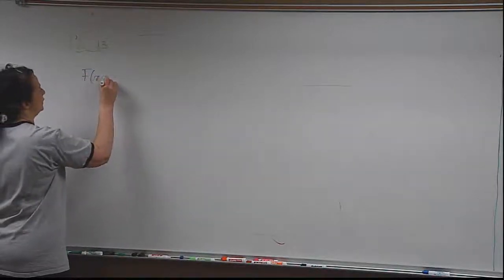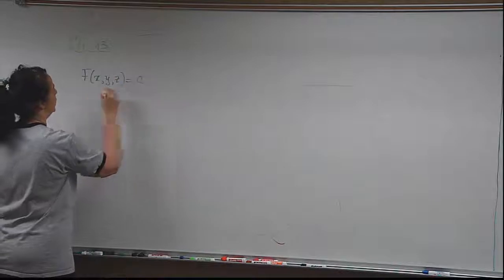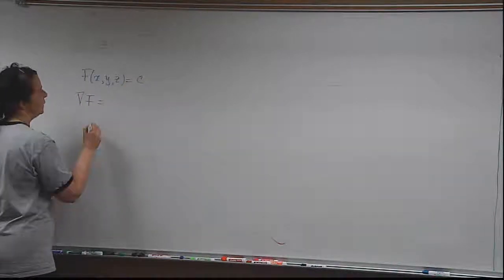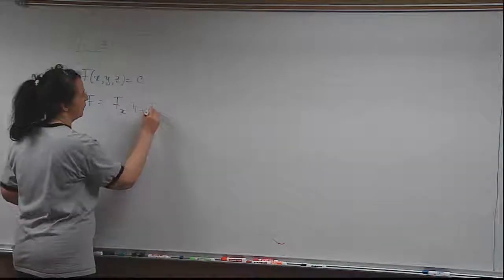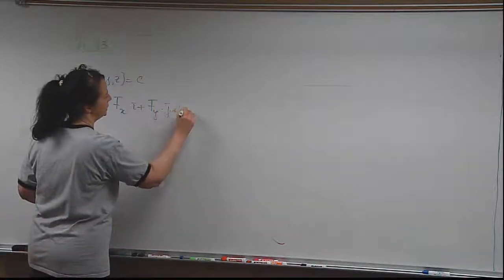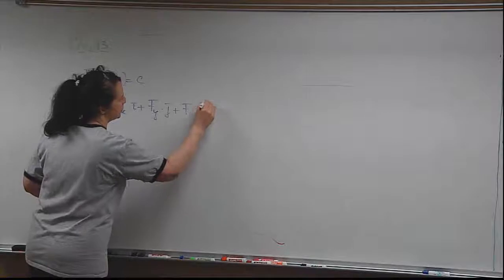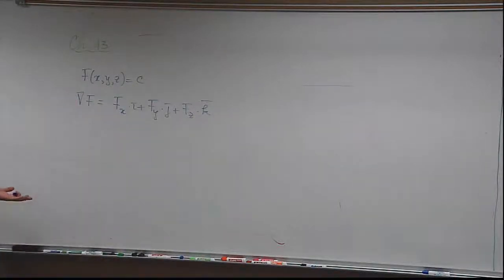We have to remember some of the things we don't remember, which are the gradient for a function of, let's say, 3 variables. Let's grow up a little bit. That was the vector field f sub x i plus f sub y j plus f sub z k, at an arbitrary point x, y, z in your domain.